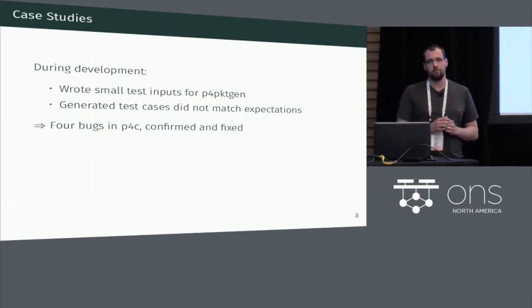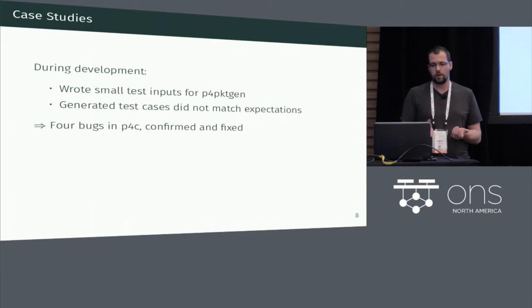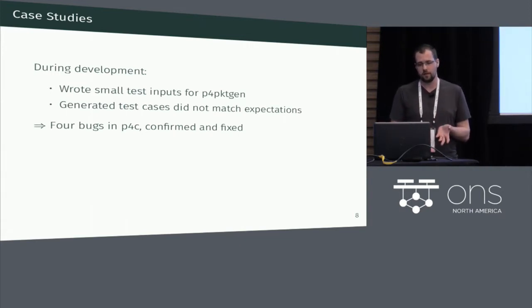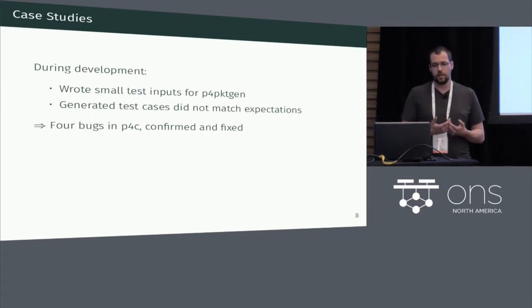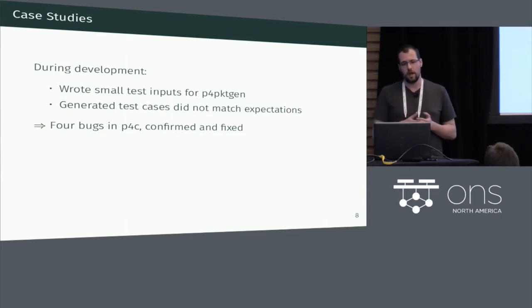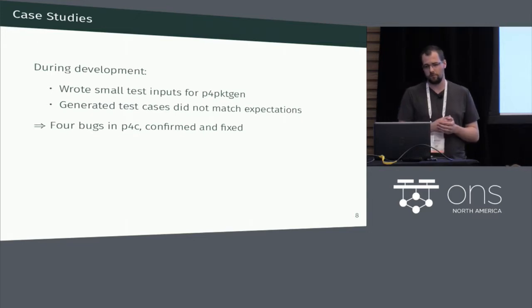Now, during the development of p4pktgen, we wrote a lot of small P4 programs, and we applied p4pktgen to them. And in certain cases, we realized that the test cases did not match what we expected. In 4 of the cases, we realized that the bug was not in p4pktgen, but actually in P4C. And so we reported those bugs, and they were fixed.